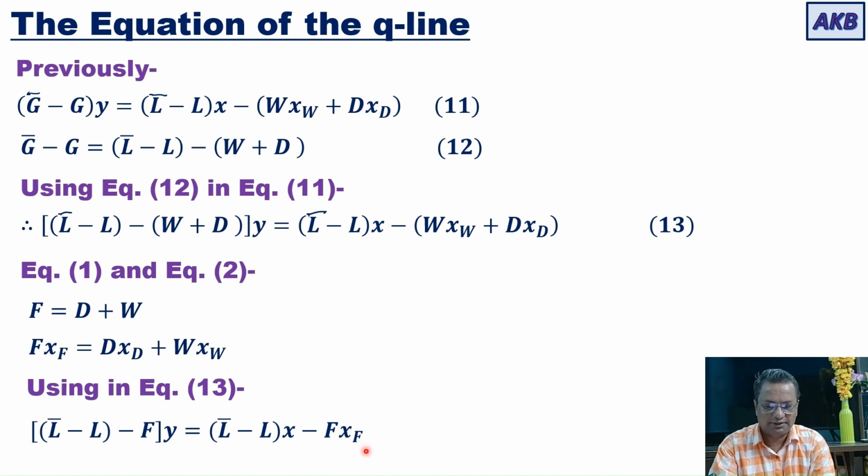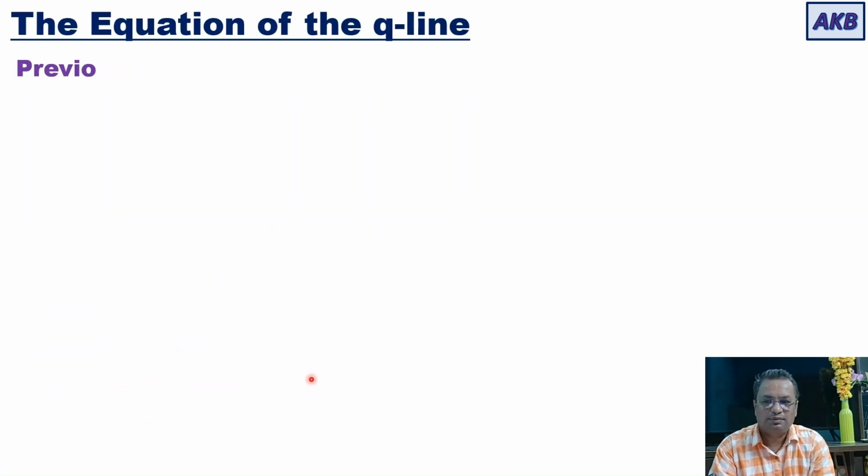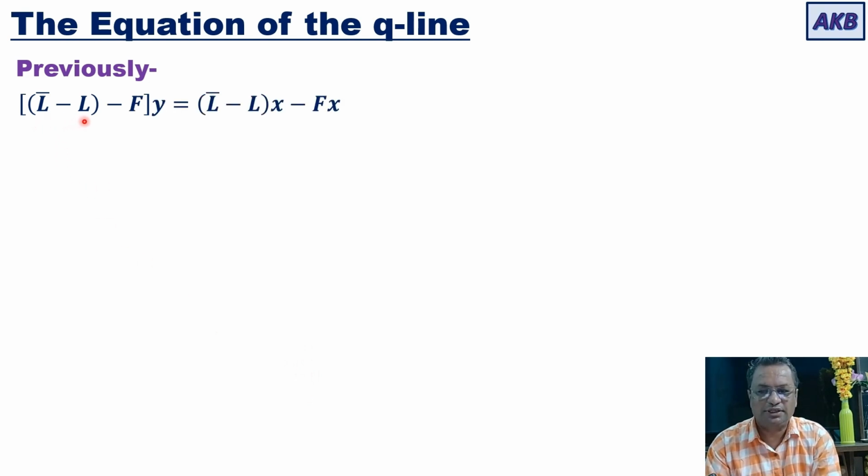Okay, now let us continue with this equation. So we have got this equation just now, L bar minus L minus F into y, that is equal to L bar minus L into x minus F into xF. Now the factor Q is defined by this equation.